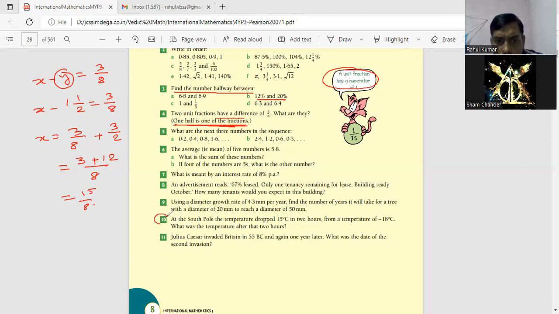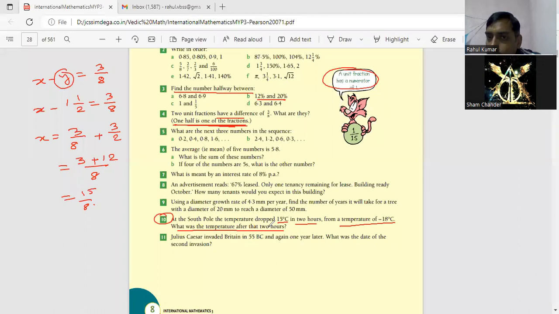Similarly, question number 10, just see. At the South Pole, the temperature dropped 15 degrees in 2 hours from a temperature of minus 18 degrees C. What was the temperature after 2 hours?